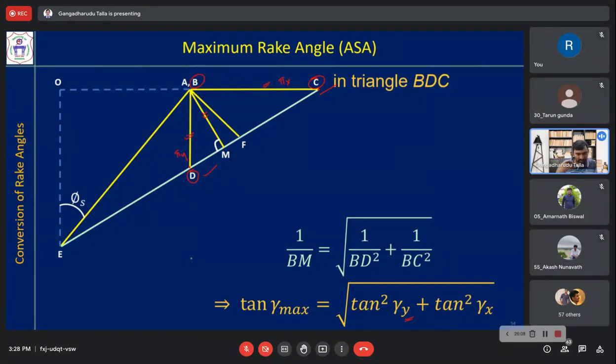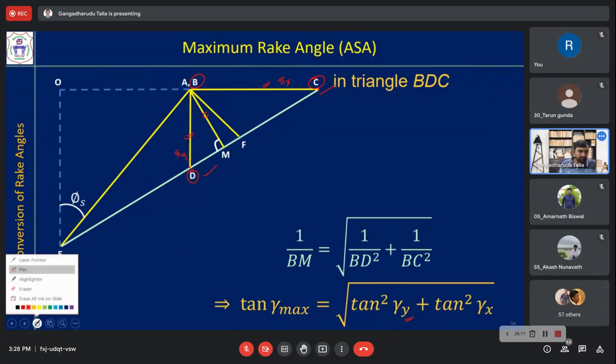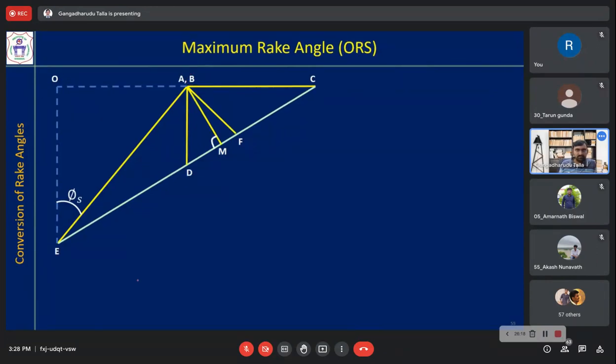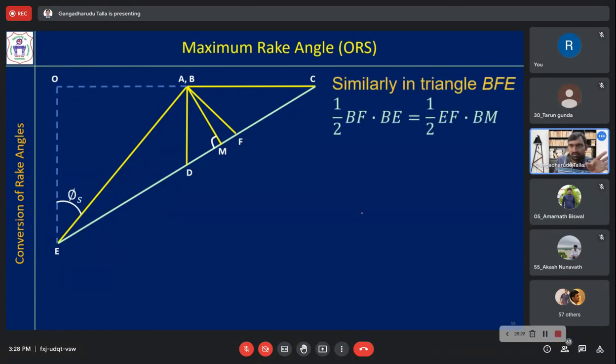So this is how you find gamma max, the maximum rake angle, when you know the rake angles in the ASA system. Similarly, how do you find the maximum rake angle in the ORS system? The concept is very much the same.